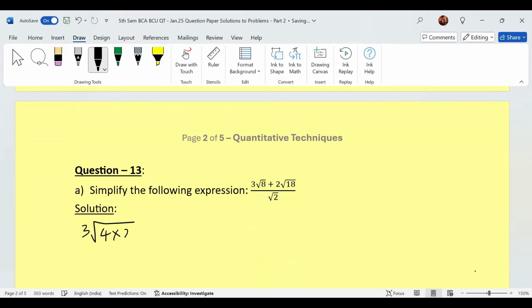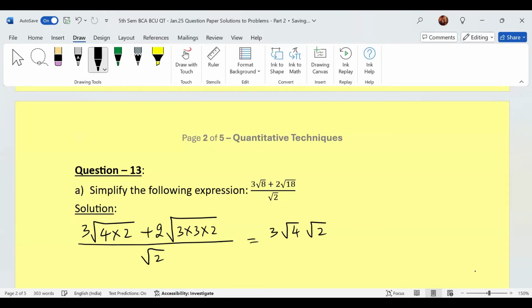The 8 will be split as 4 into 2 plus 2 times, we will split the 18 as 3 into 3, which is 9, into 2, which is 18, divided by root 2. This can be further simplified as 3 root 4 root 2, and this will become 2 root 3 into root 3. If I take, it will become 3. So 2 into 3, you will be left with root 2 divided by root 2.